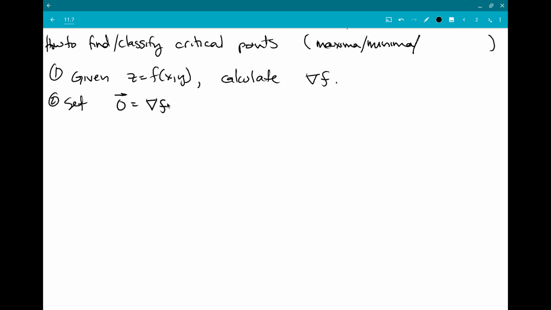And then you're going to solve for when grad f is equal to 0. Remember, the gradient is kind of like a derivative, so this is like finding when the derivative is equal to 0. You should be familiar with maximizing functions from Calc 1: your first step is take a derivative, and then your next step is set it equal to 0.